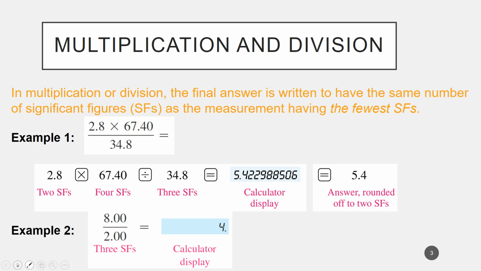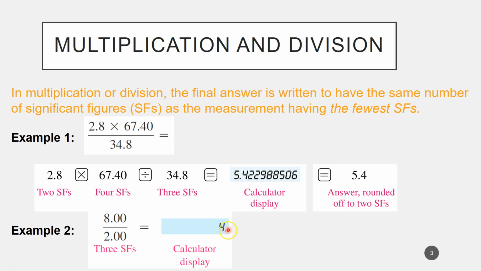Next example, I'm dividing 8.00 by 2.00. I put this in my calculator and the calculator gives me 4. Is this the right amount of significant figures? Let's see. If we go back to my operation, 8.00 has 1, 2, 3 significant figures. The 2.00 has 1, 2, 3 significant figures.